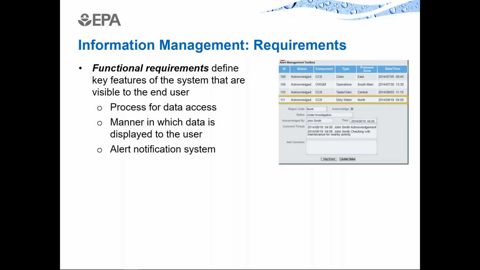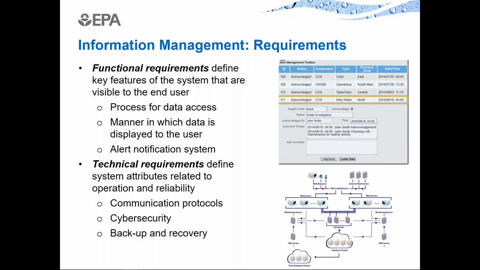Generally, we look at requirements in two different categories: functional requirements and technical requirements. So functional requirements are those features that are important and visible to the end user. Examples might include the manner in which data is accessed and displayed to a user, and the way by which they get critical information such as alerts. On the other hand, technical requirements often operate behind the scenes, but they're essential for having a stable and reliable information management system.